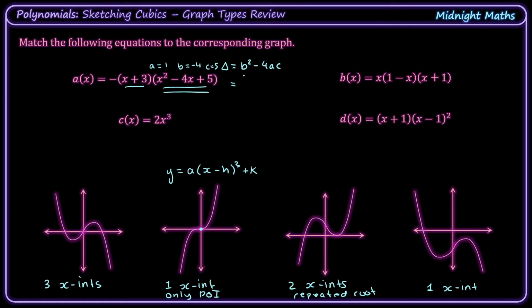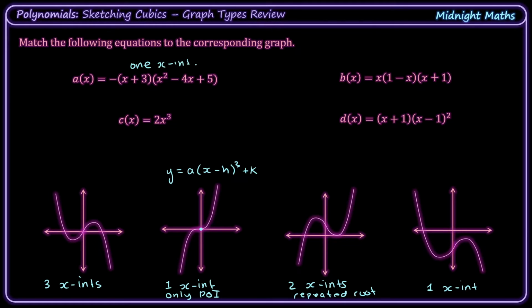Substituting in, (−4)² is 16, minus 4 times 1 times 5, so 16 − 20, which is −4, definitely less than 0. So we can confirm that this has no solutions, and we can safely say that this one will have only 1 x-intercept.